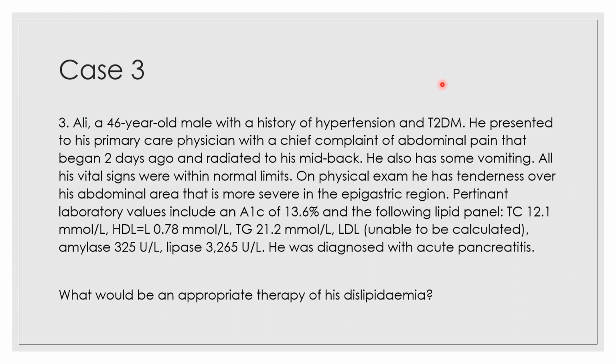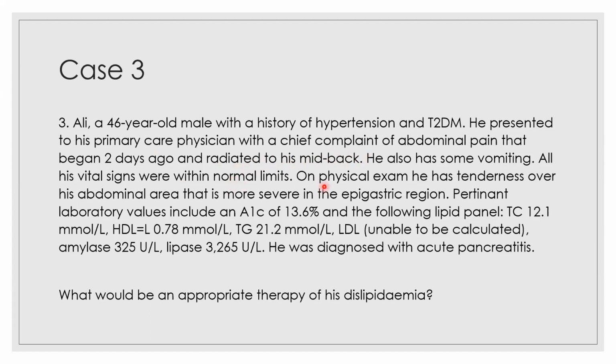Now, case 3, Ali, a 46-year-old male with a history of hypertension and T2DM. He presented to his primary care physician with a chief complaint of abdominal pain that began 2 days ago and radiated to his mid-back. He also has some vomiting. All his vital signs were within normal limits.